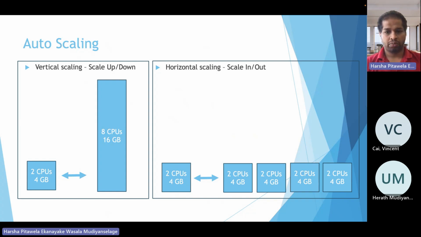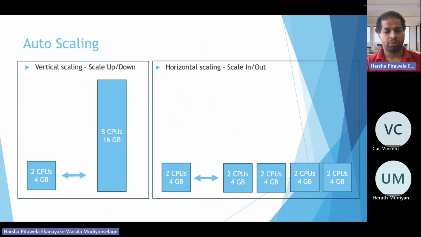So this is how the scaling happens. You provide a certain metric. You say, okay, if the CPU utilization goes above 80%, or above 75%, add another instance.